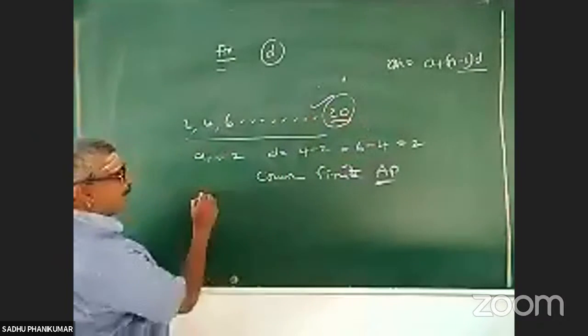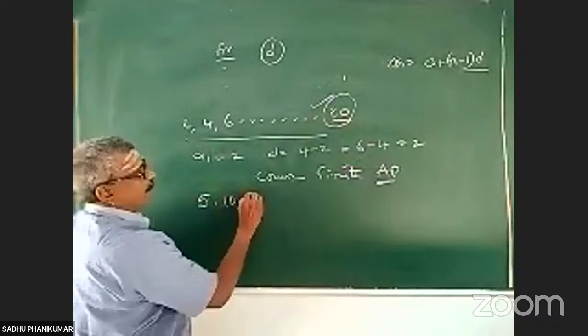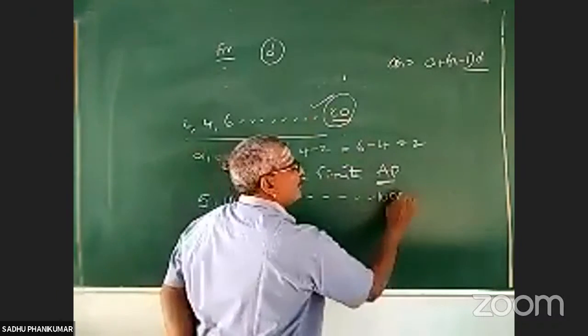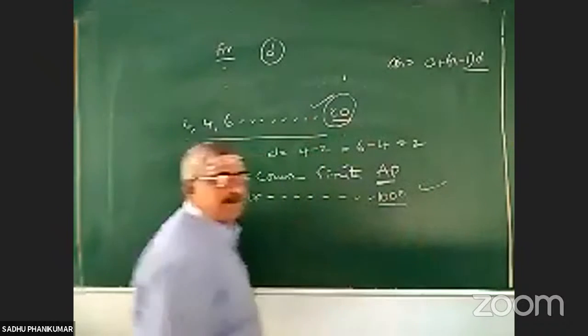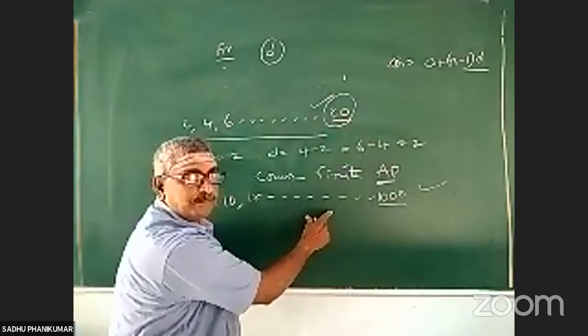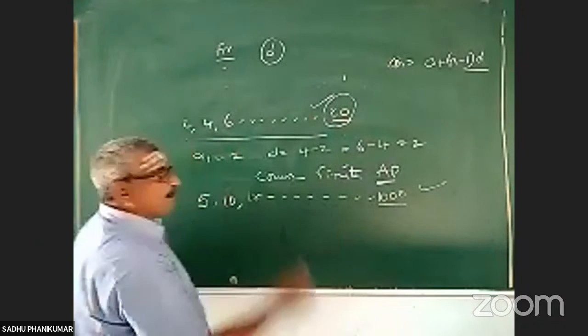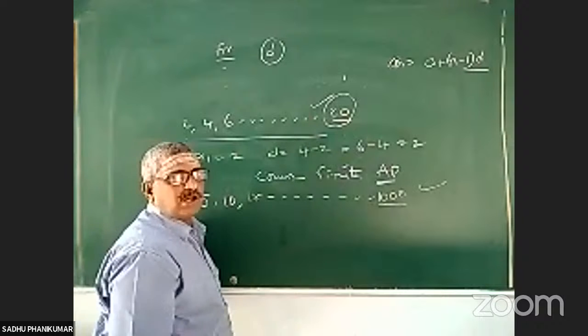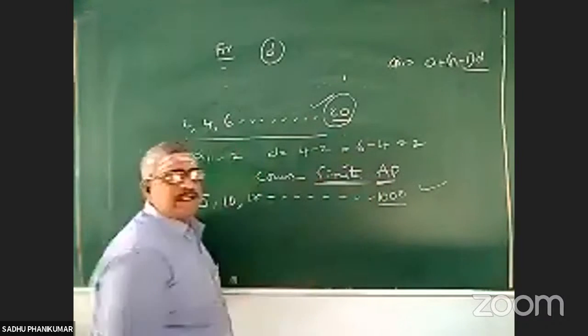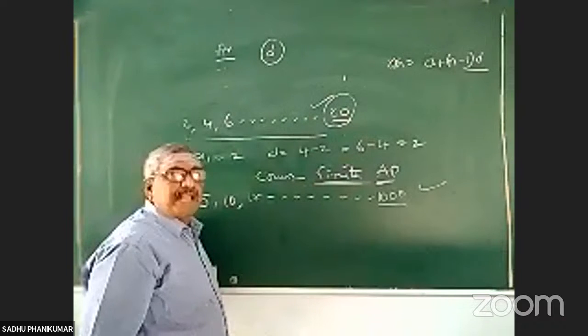Suppose I give one more example, 5, 10, 15, and so on up to 1000 or 10,000, whatever it may be. We can say how many total terms are in the AP. That's why, if you can say how many terms are there in an AP, it is called a finite AP.